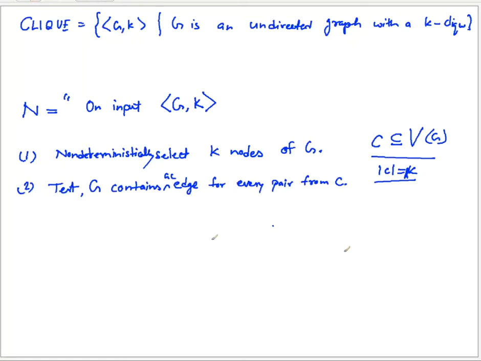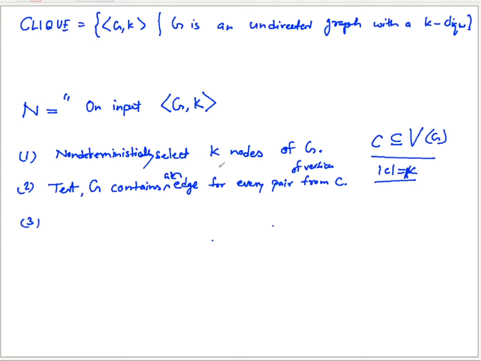So you are testing that G contains an edge for every pair from this set C, for every pair of vertices. If you pass this test, what does it mean?